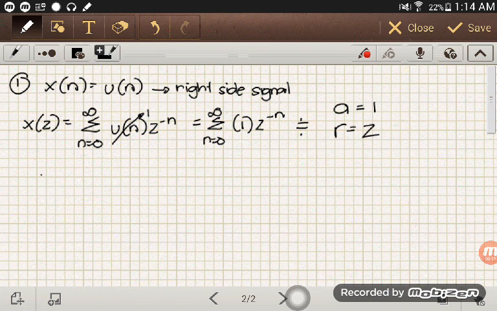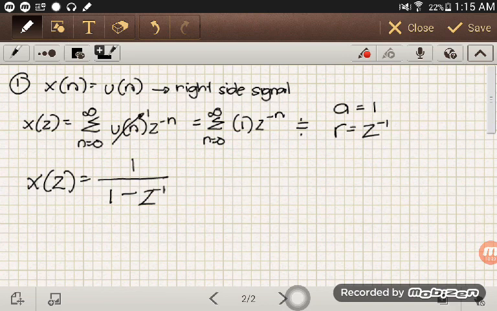So x of z is equal to the first term, 1, over 1 minus, what's your common term? Z. Oh, something is missing. Z negative 1. Right? Okay, so if this is the case, this is your Z transform.